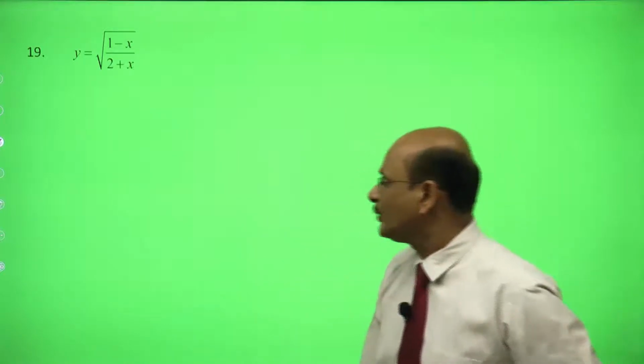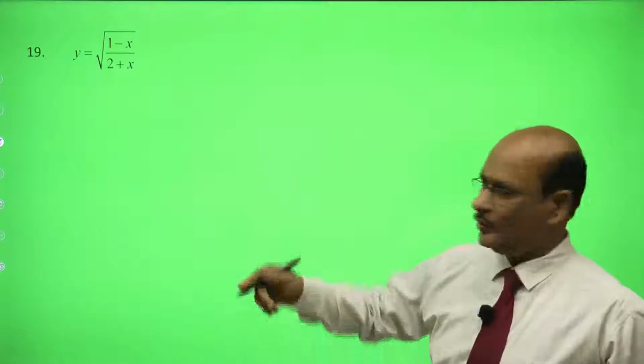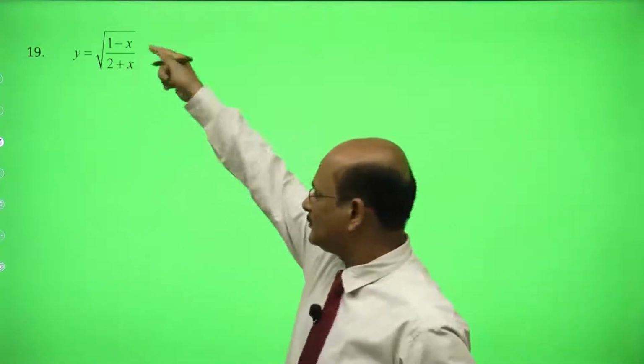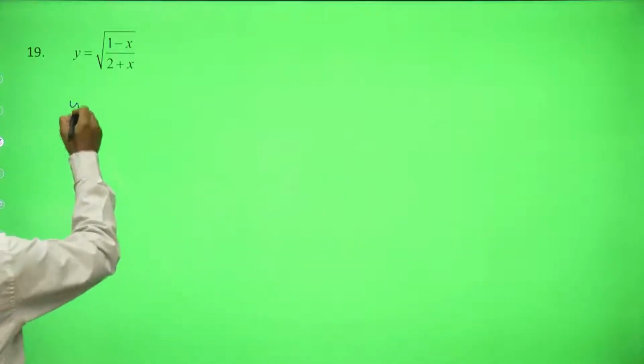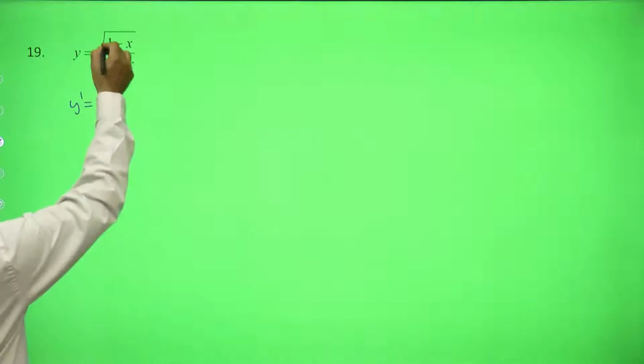Okay guys, this is very similar to the previous question, so let us pick it up very quickly. There are many ways to do it. First is root of something is 1 upon that thing and all that stuff. I think we will stick to that. First, y dash. Root of anything is 1 upon 2 root of that thing.